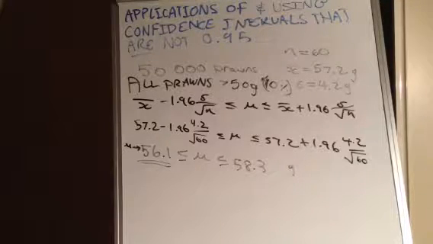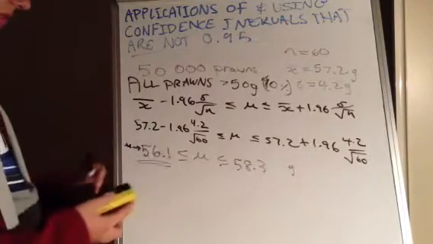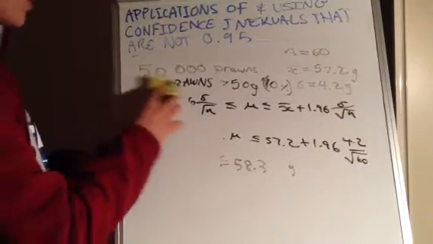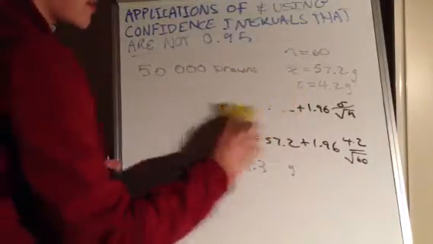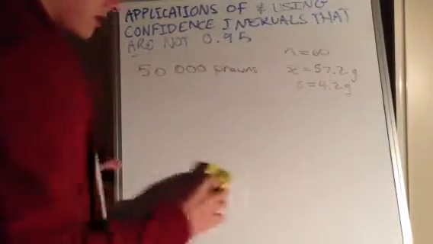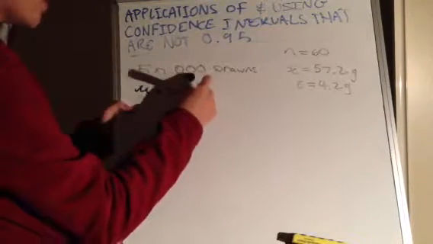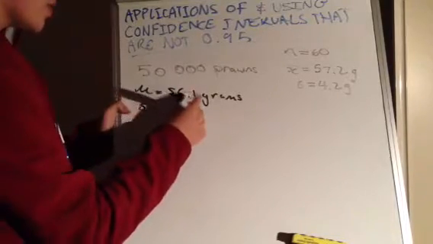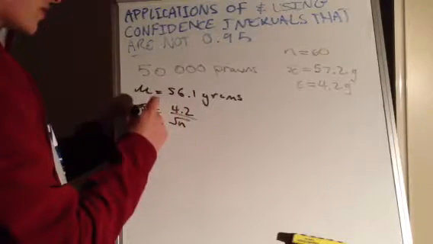So in order to check this out, we set that mu is equal to 56.1, and because we have mu equal to 56.1, and we have the sample standard deviation, what we can do is we can go, well, mu equals 56.1 grams, and we have our standard deviation of the sample as being 4.2, and that's over square root n, of course, because this is for a sample.